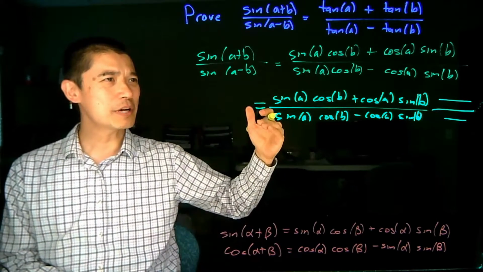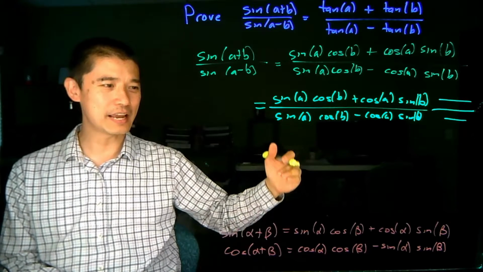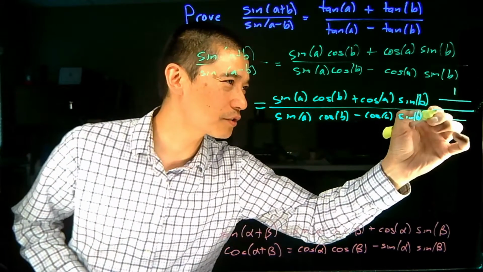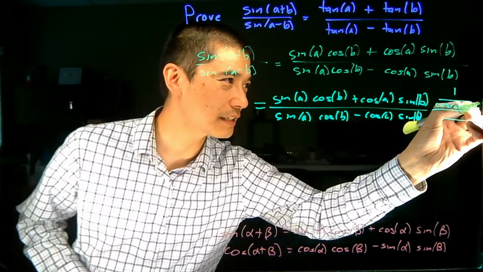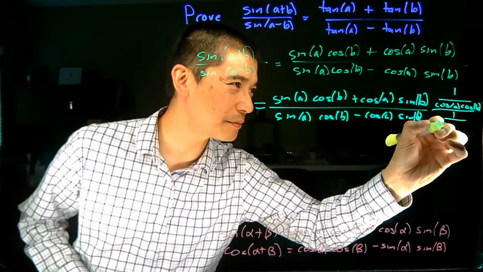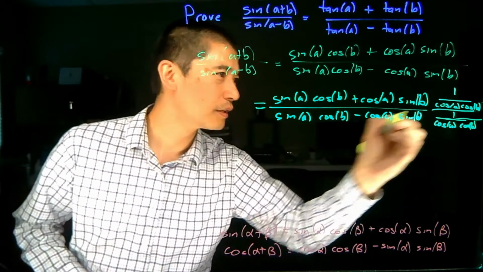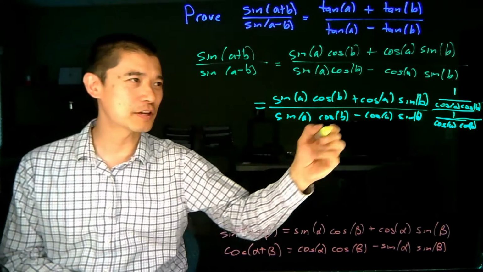And since we want tangent A and tangent B, and that has a cosine A and cosine B in the denominator, right, sine over cosine, we're going to just try that and see what happens. So cosine A cosine B gets really squished over here on the side. That happens sometimes. So we multiplied the top and the bottom by 1 over cosine A cosine B.